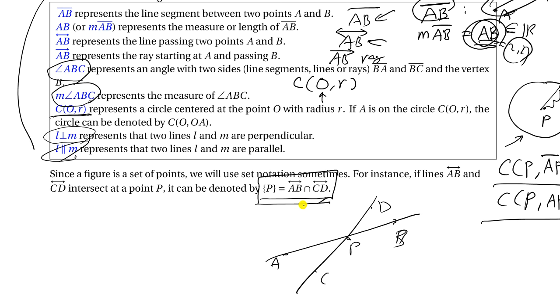We treat all these geometric objects as sets of points, right? So the intersection between these two lines is just one point, right?